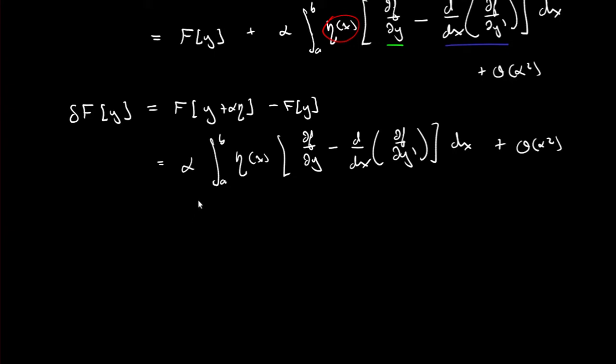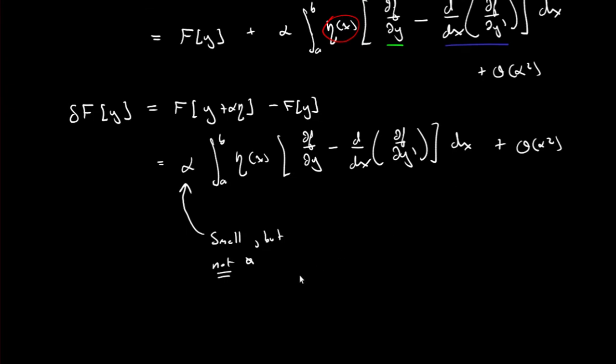Now this alpha, remember, it's small, but not zero. So small, but critically not zero. And we choose alpha to be small enough for higher order terms to be negligible.